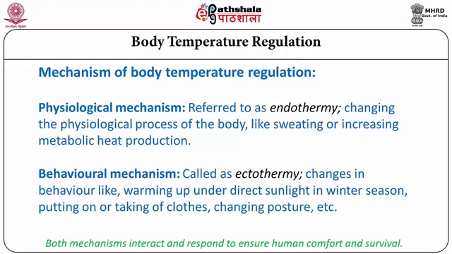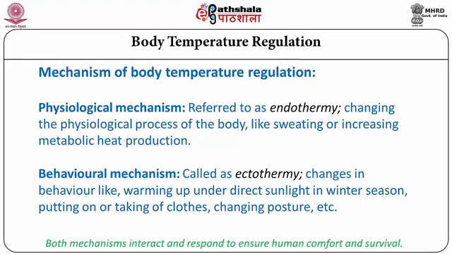One is called the physiological mechanism, referred to as endothermy, that is changing the physiological processes of the body, like sweating or increasing the metabolic heat production. On the one hand, you increase the heat production, and on the other, you reduce or increase the loss of heat from the body through sweating. So that's a basic fundamental physiological mechanism that can be observed in all human beings.